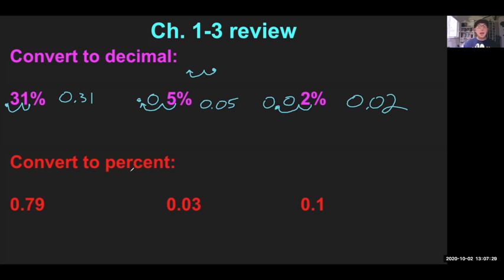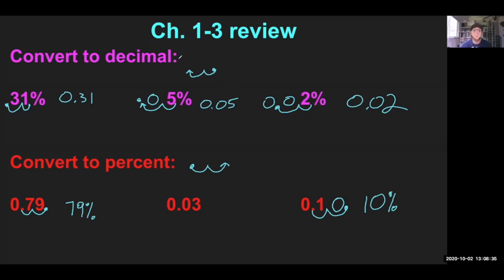All right, so now we're almost done. Now we're doing the opposite, right? So you have the decimal, and you're going to go 1, 2 that way to go from decimal to percent. So I'll do this one for you. So 0.79, we're just going to do 1, 2, decimal goes right there, so that means it's 79%. Okay, now you do this one.